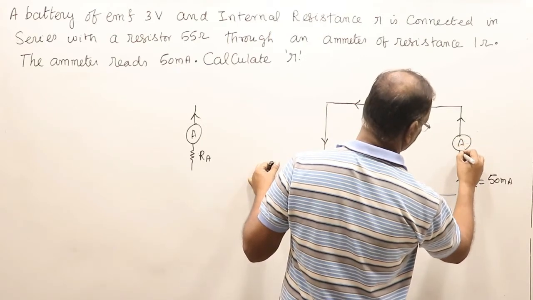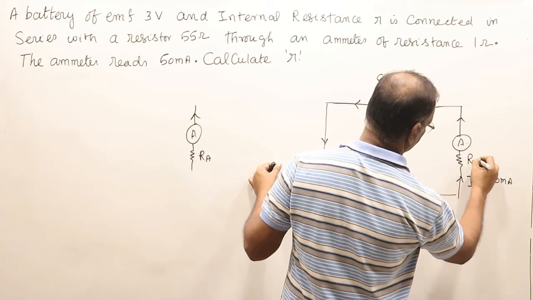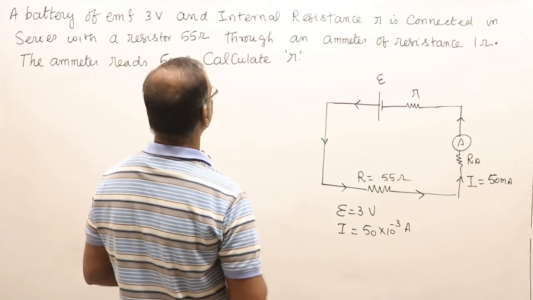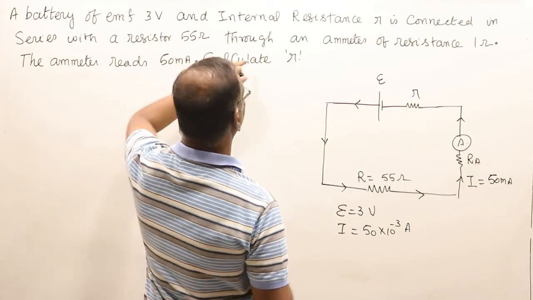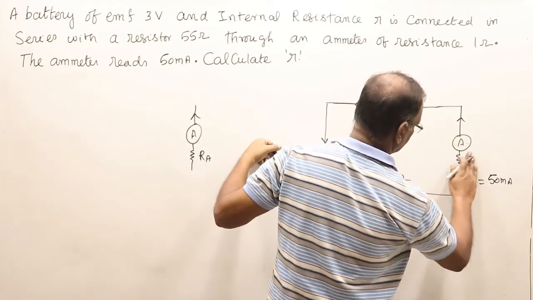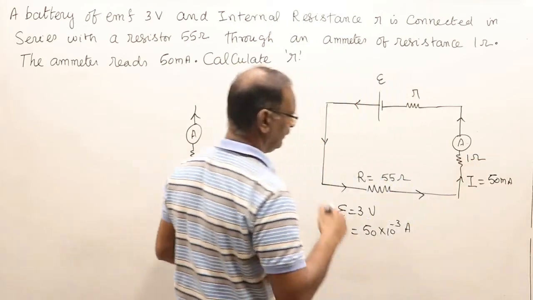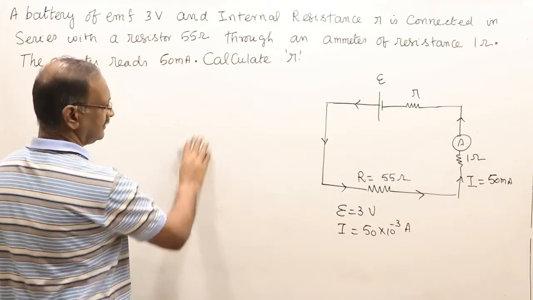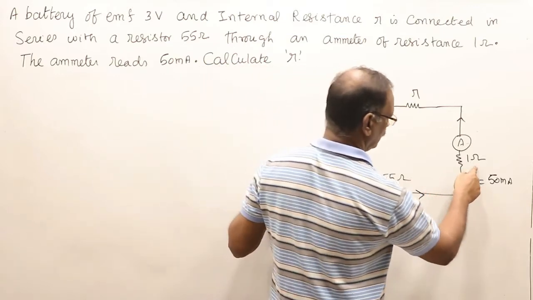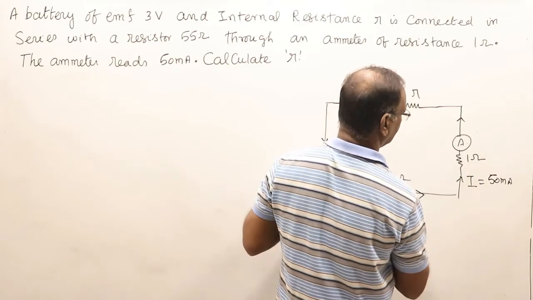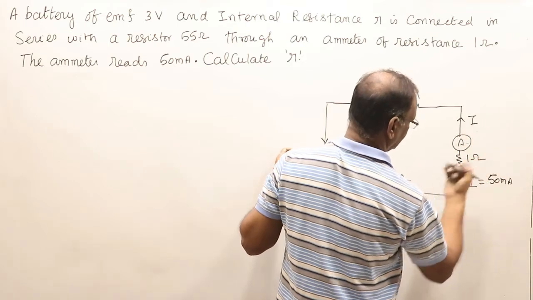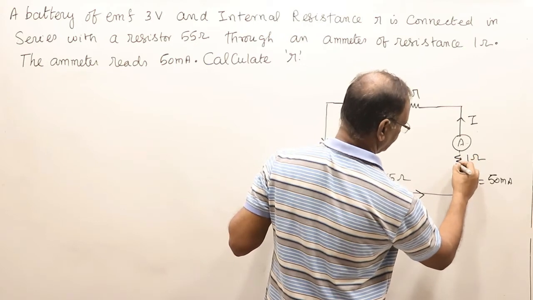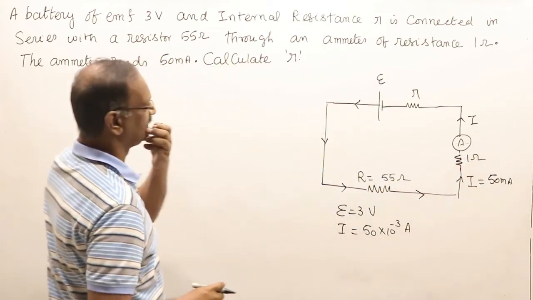The ammeter has a resistance of 1 ohm, and it is reading the current I. So we have represented it with the help of a resistor.